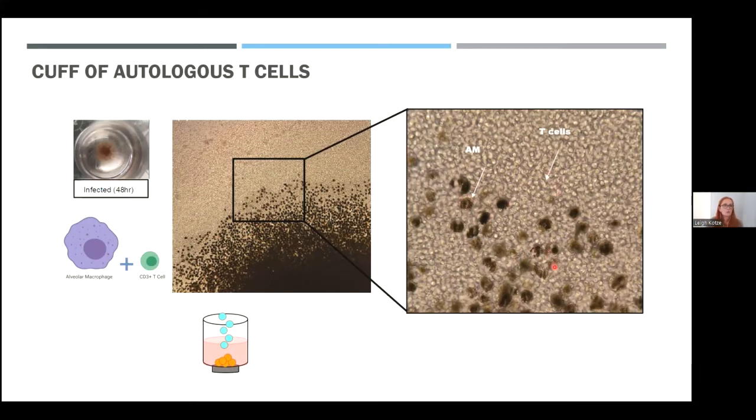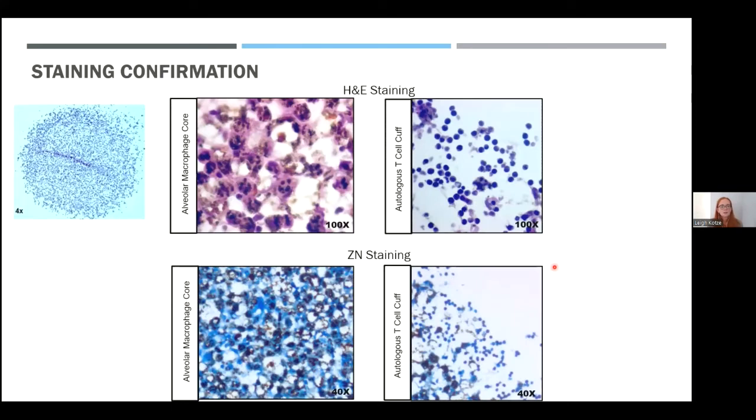We have also demonstrated using H&E staining the basic morphology of the cells at the core, which begin to take on a multinucleated giant cell appearance.